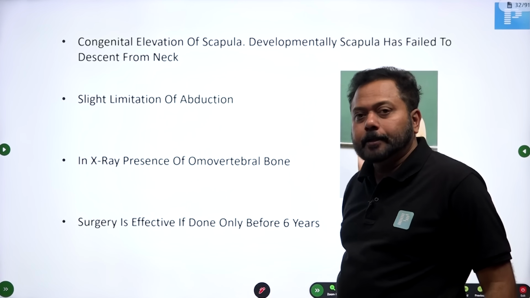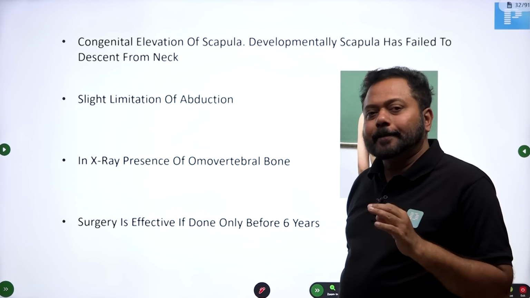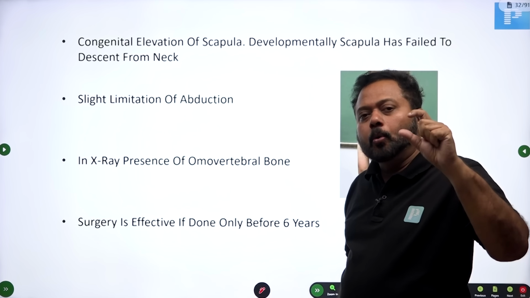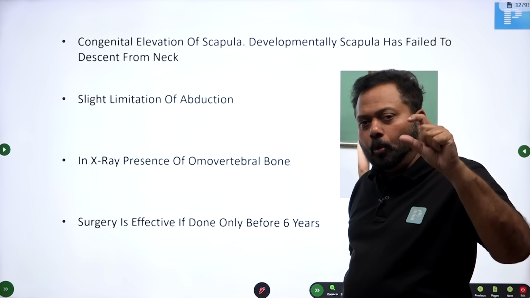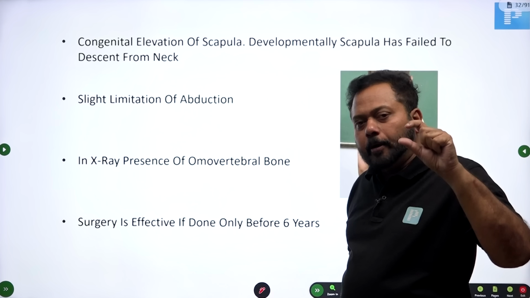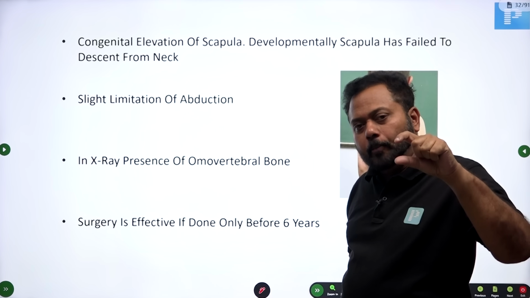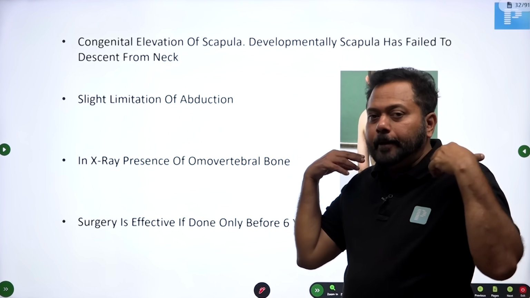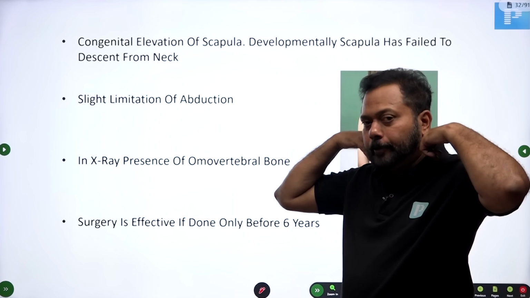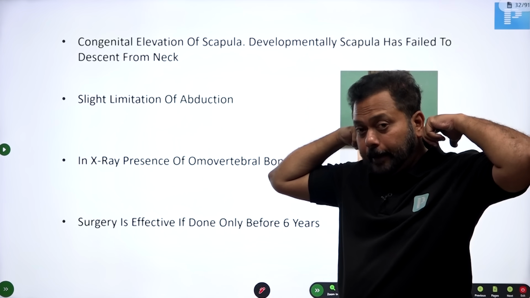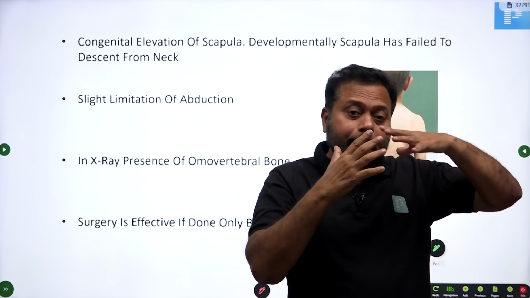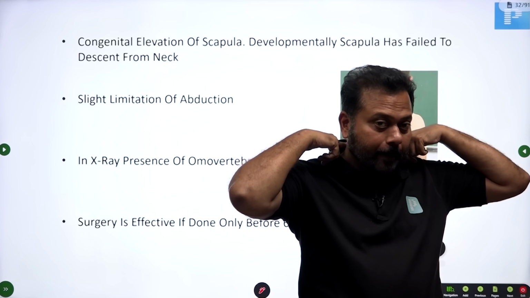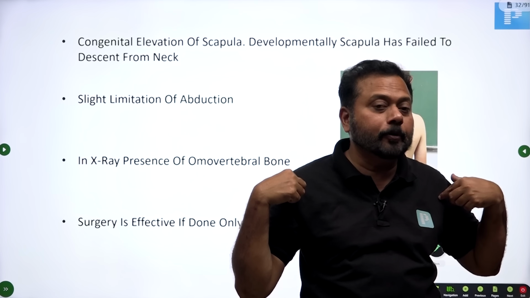That's the only presentation. Why is this Sprengel shoulder happening? In intrauterine life, there is a structure called the omovertebral bone. Don't think it is actually a bone; it's a thickened fascia. Normally, our scapula during intrauterine life will be at the cervical level. As the fetus grows inside the uterus, by birth the scapula will come to the thoracic level.